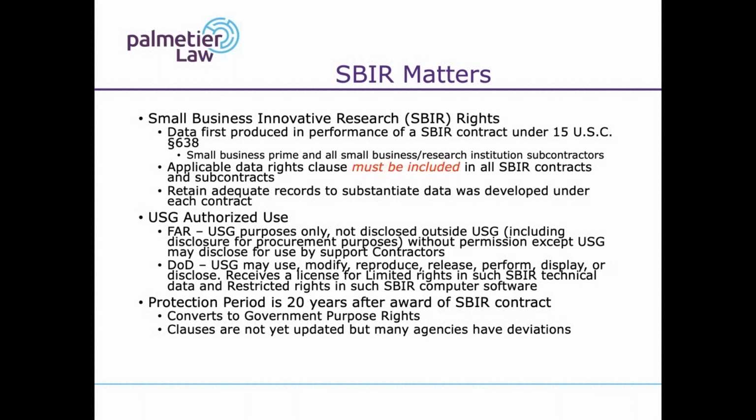And after 20 years, the rights will convert to government purpose rights. What that means is that limited or restricted rights is the same level of rights that the government gets if the business developed the intellectual property at its own expense. So in this case, the government is funding the research and development and getting a significantly lower level of rights for a 20-year period. And then at the 20 years, it converts to government purpose rights.